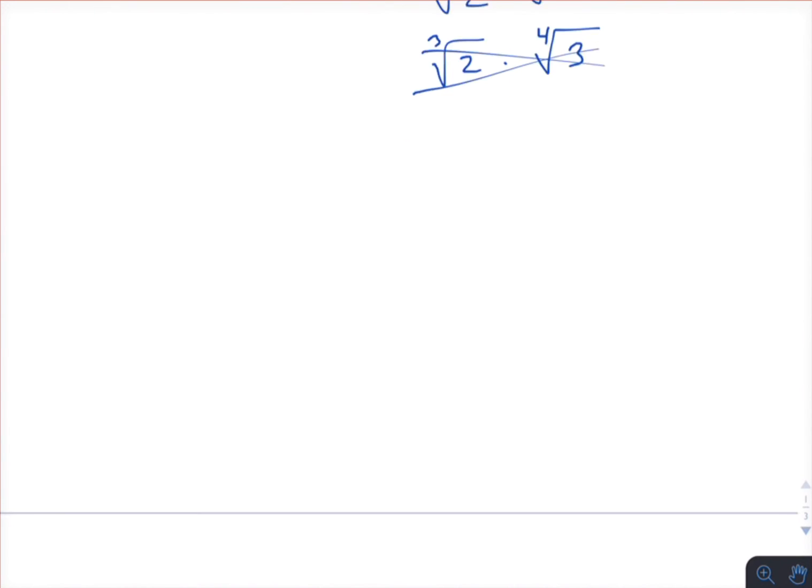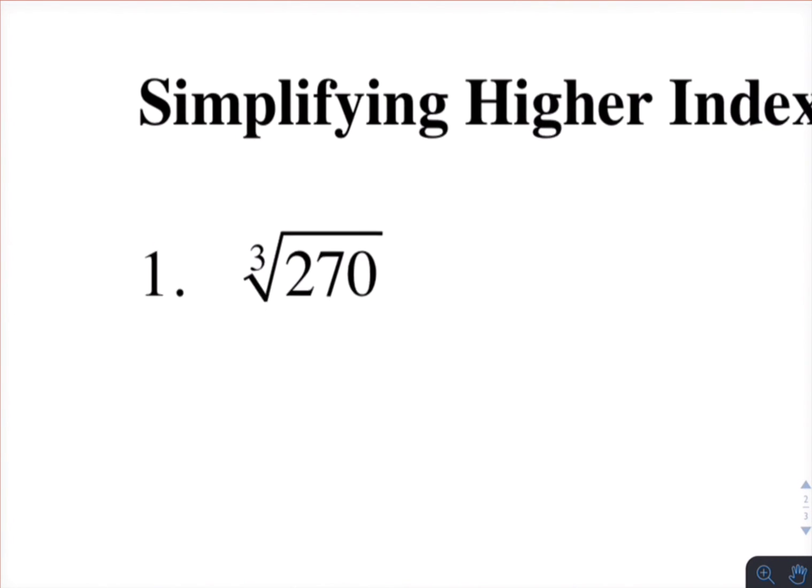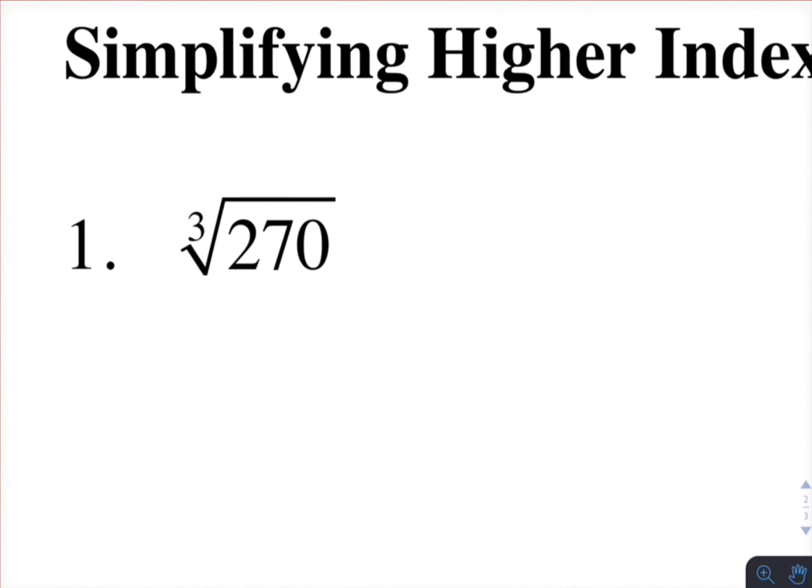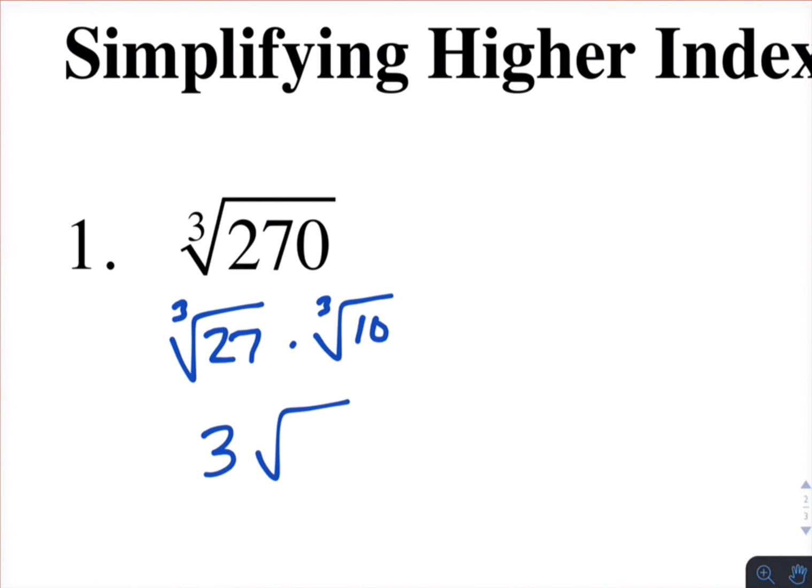All right, so let's get into some simplifying. You can see here we're taking the cube root, so I'm going to break it down into factors, but instead of factors where one is a perfect square, I'm now going to break it into factors where one is a perfect cube. So we can think of this as the cube root of 27 times the cube root of 10. Therefore, we get 3 cube root 10.